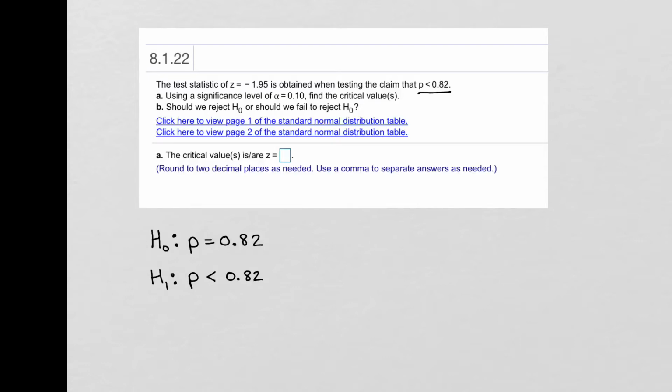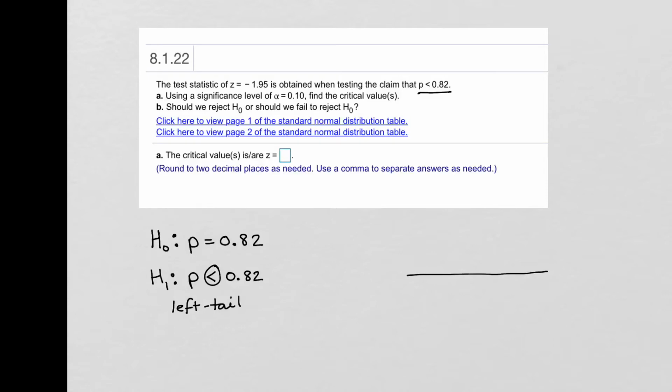So what we're going to do now is test which one of these is more believable based on our sample information. We're going to use the significance level of alpha equals 0.10 to find the critical value or values. In this problem, we're doing a left tail test, and I know that from the alternative hypothesis because that's a less than statement.